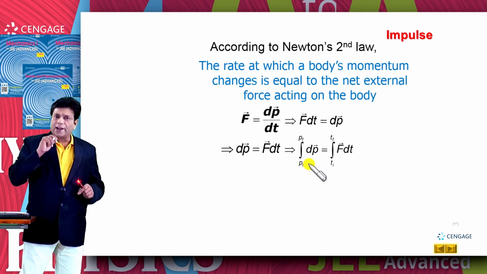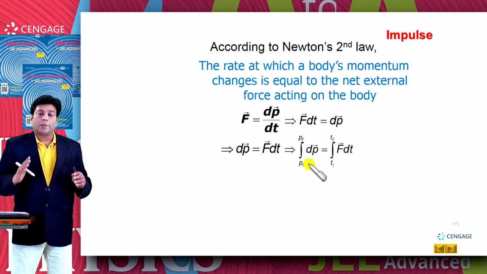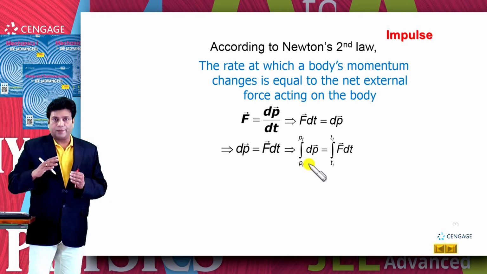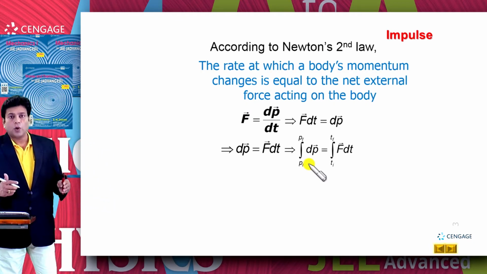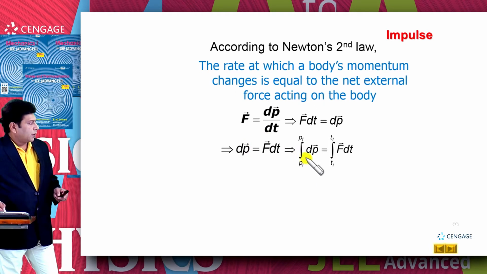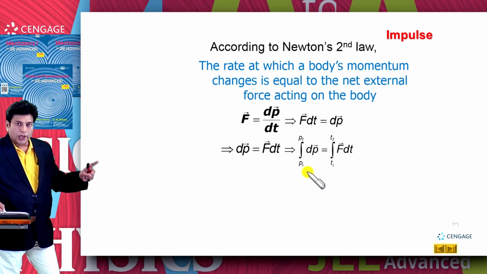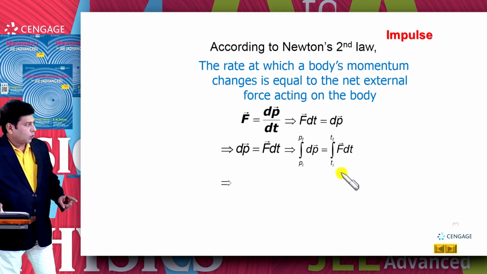But the right side integral we cannot calculate because F is the impulsive force and we cannot define the impulsive force by a mathematical relation because it is very complicated. So, here we can simply write P final minus P initial equal to J, and further it is equal to the integral of F dt from t initial to t final.